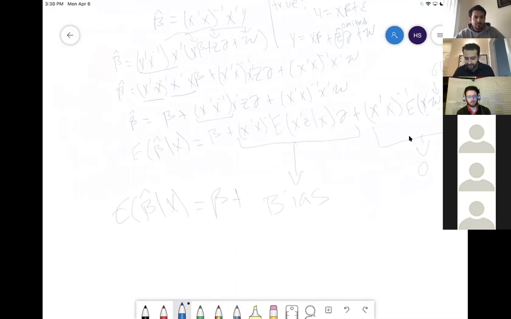But because I have this omitted variable, Z, from my specification, I'm actually injecting bias into my model. The degree of the bias is going to be governed by how strongly X and Z are correlated or related to one another. That is, if there's something that's very correlated with one of the variables I'm actually controlling for that I left out, that's going to bias all of my estimates by a lot.